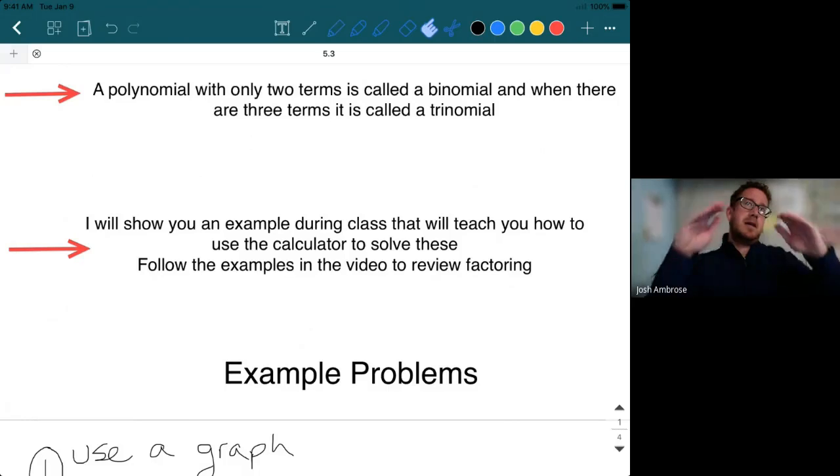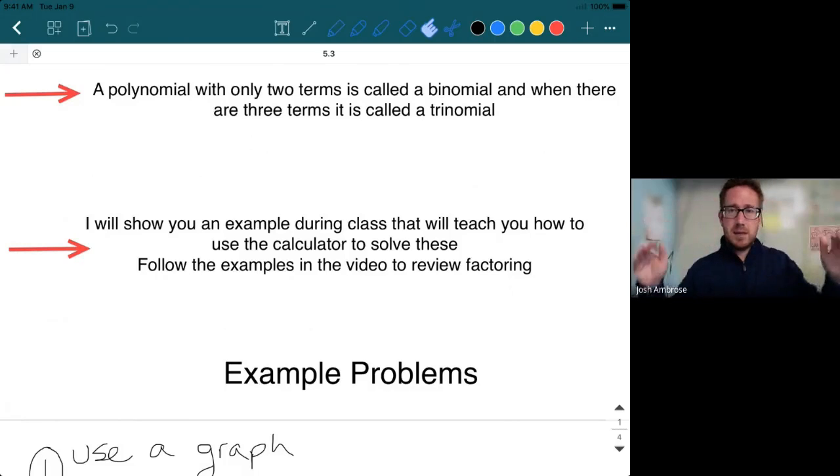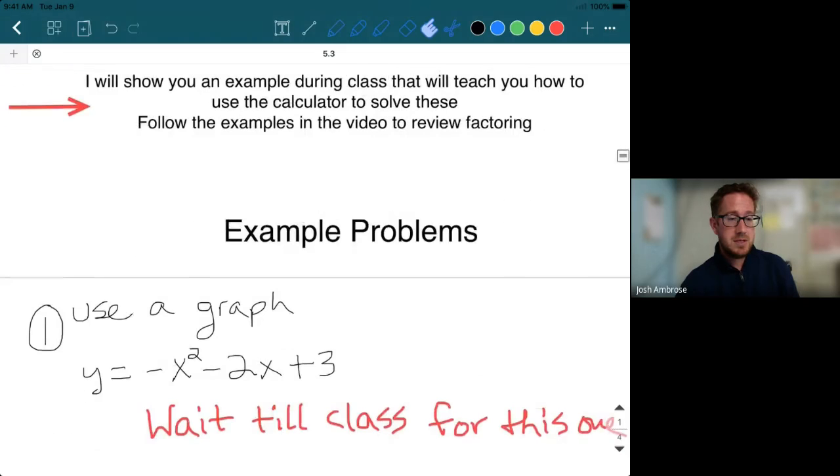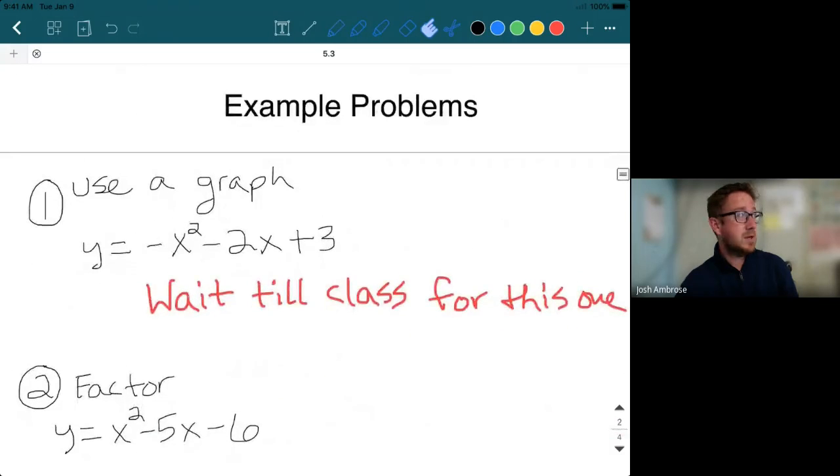And then the umbrella, all-encompassing term is polynomial: many numbers all put together to create a function. As it says right there, I'm going to show you an example in class on how to do the calculator method with this. That first one, we're going to do in class.